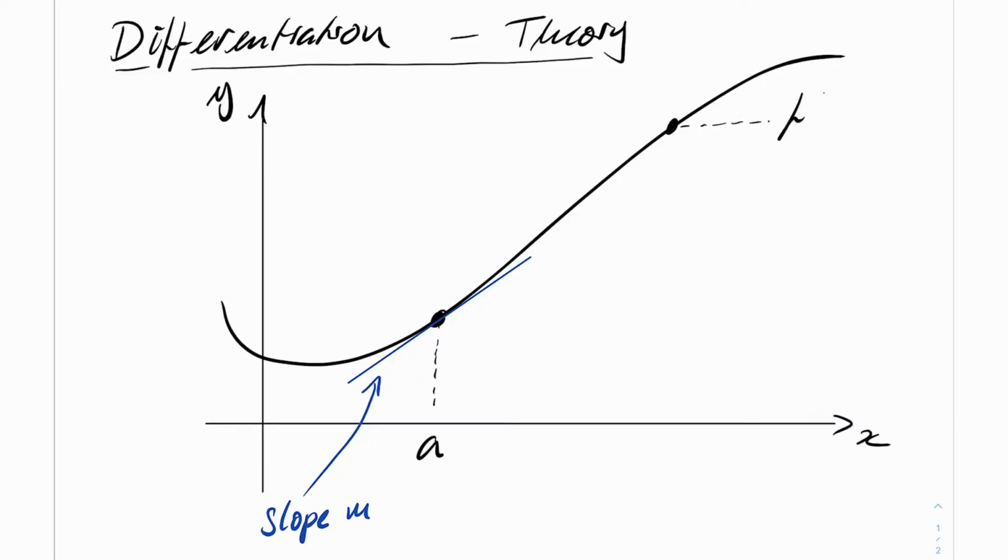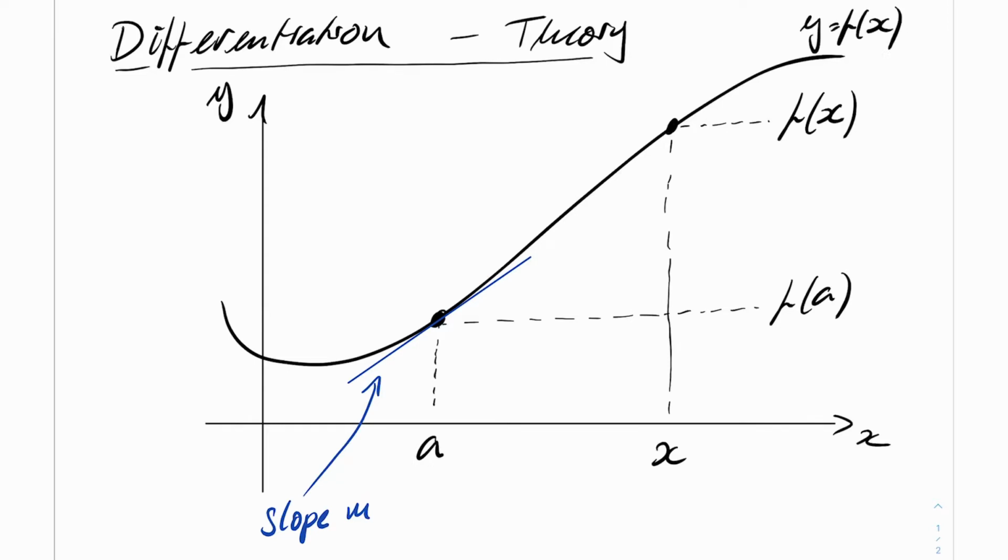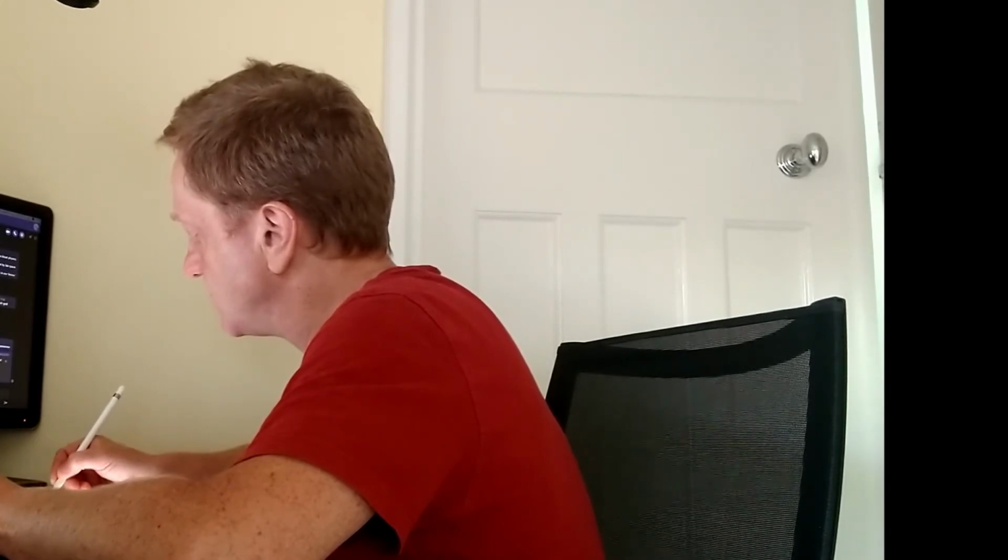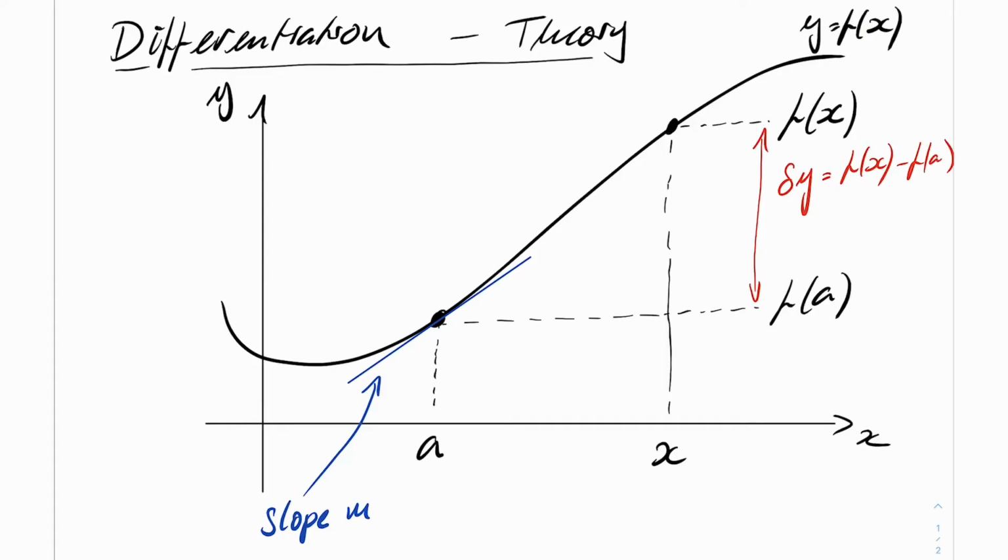Let's say this is f at the point x. And the idea is that we're going to move x towards a using the concept of limits. The function height at this point is f of a. And so if this function is y equals f of x, the change in height here, which I can write as delta y, is just f of x minus f of a. And this distance along the x direction is just x minus a, and I'll call that delta x.